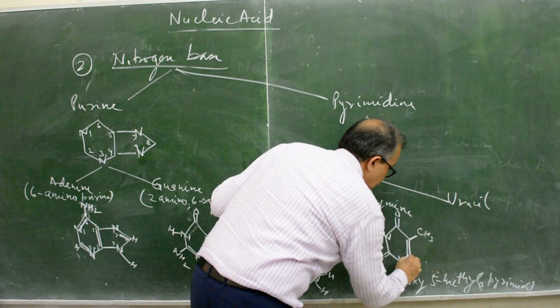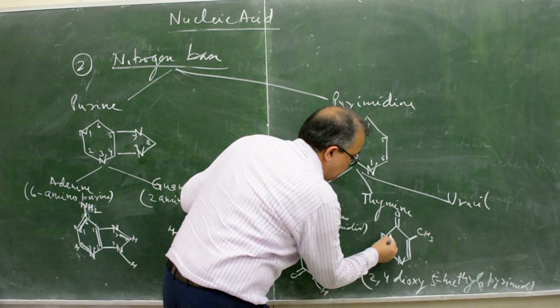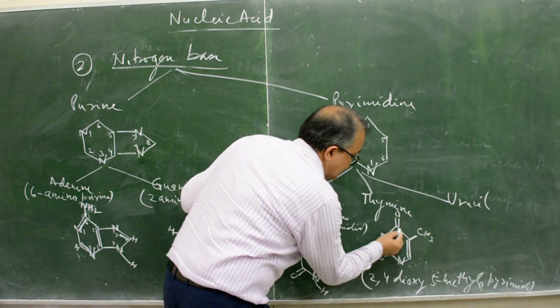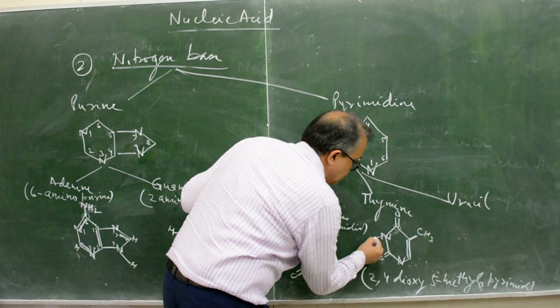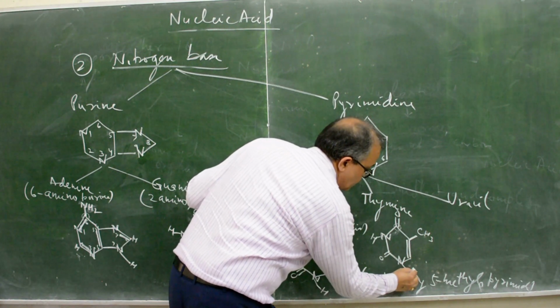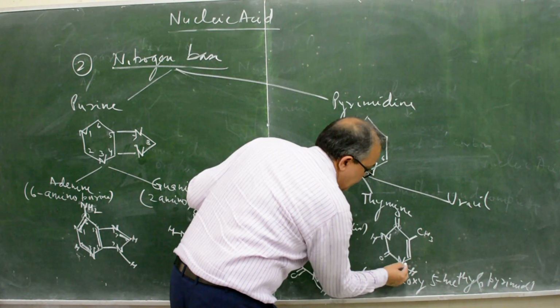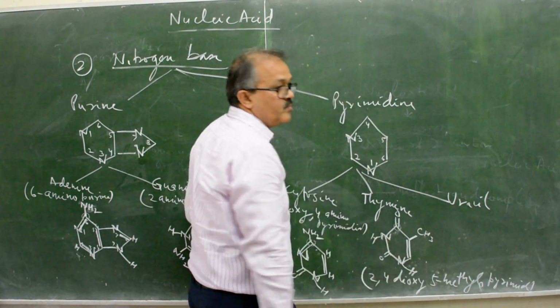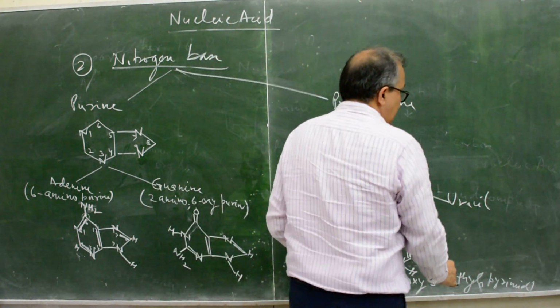Double bond. You can't put the double bond here because carbon is already satisfied. So H, and nitrogen, because the valency of nitrogen is 3: 1, 2, 3.